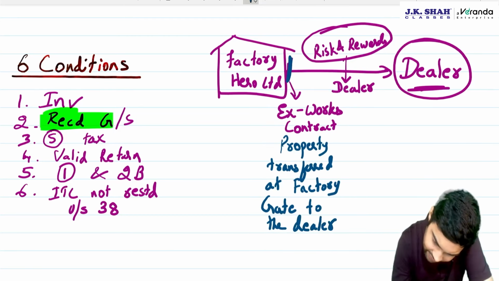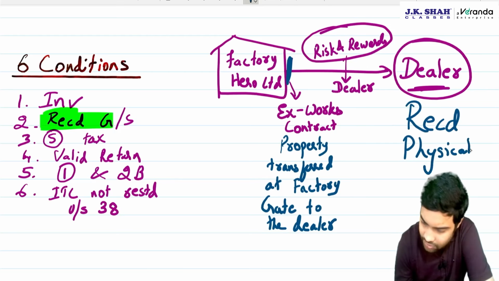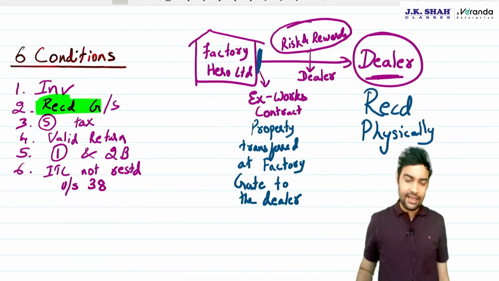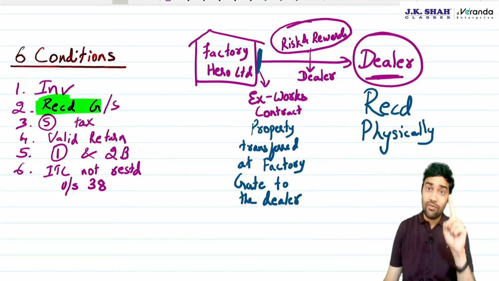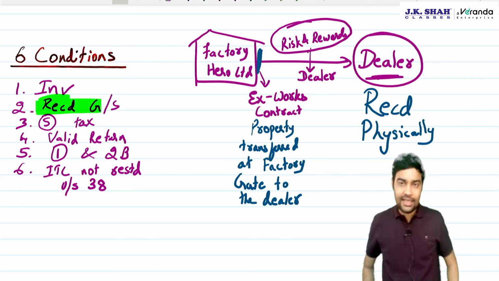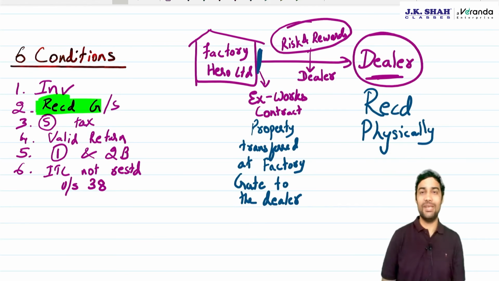Can he claim ITC when invoice is issued here or when he actually receives the goods physically? When can you say that the dealer can claim ITC? Because one of the conditions to avail ITC, you have received the goods. When can you say that dealer has received? This is clarified by CBIC.